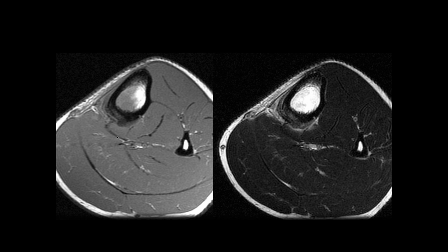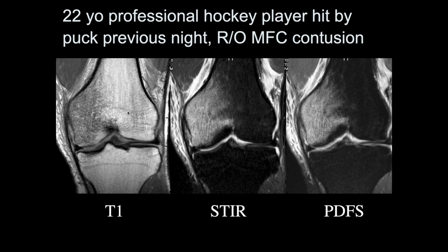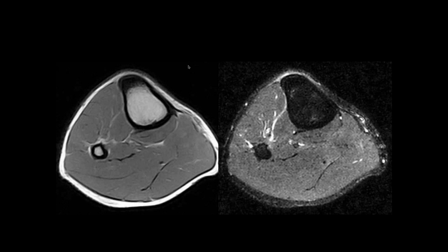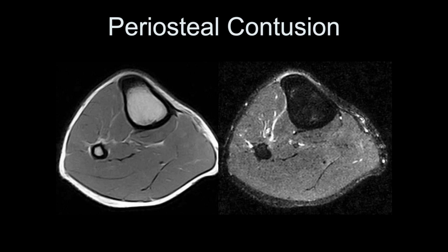Well, I don't think it was a direct blow. I think it was just a strain on the bone. I got you. Okay. So it's like a shin splint. This one was a shin splint here. Right.